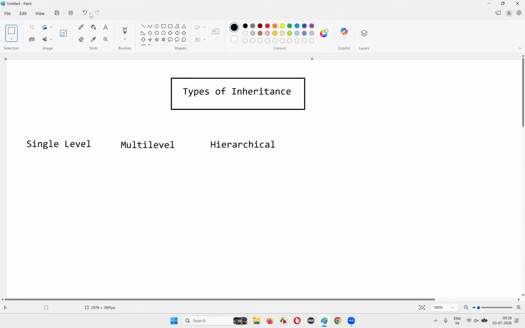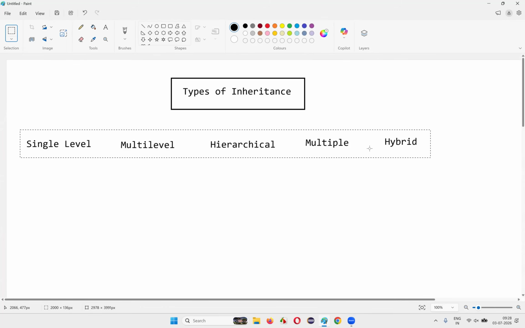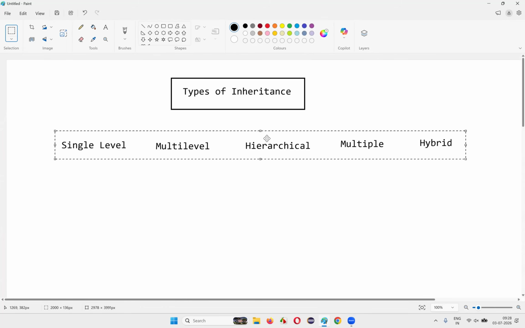And the fourth one is multiple inheritance. And the final one we have is hybrid inheritance. So total how many types are there? One, two, three, four, five. In Java, we have these five types of inheritance.